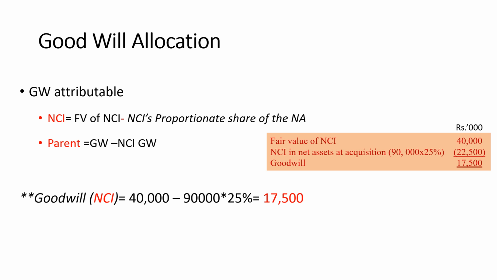Goodwill attributable to non-controlling interest is 17,500. That is the fair value of non-controlling interest 40,000 minus the proportionate share of the net assets, that is 90,000 into 25%. Then the balance is transferred to the parent, that is 22,500.